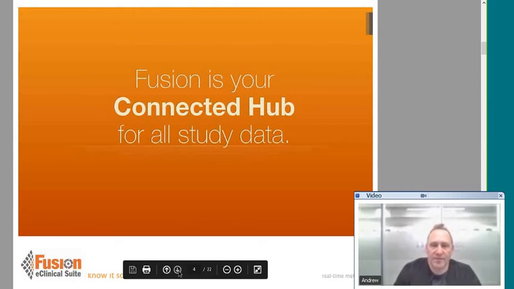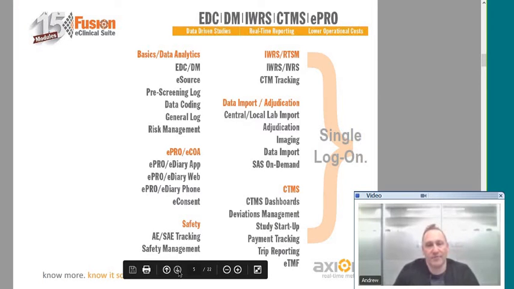One of the most critical aspects in a study today is how do I get to all my data? That's the beautiful thing about Fusion: it's a connected hub for every piece of data. Obviously, clinical data, study data, CTMS data, inventory management data, and so forth. And it means single sign-on to every single one of those aspects.